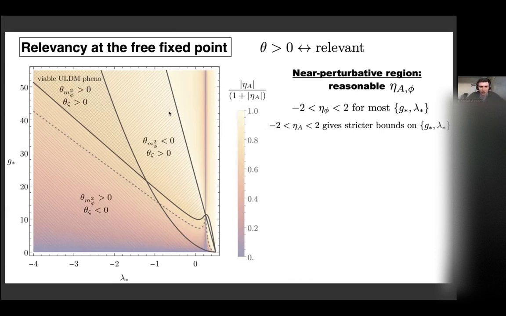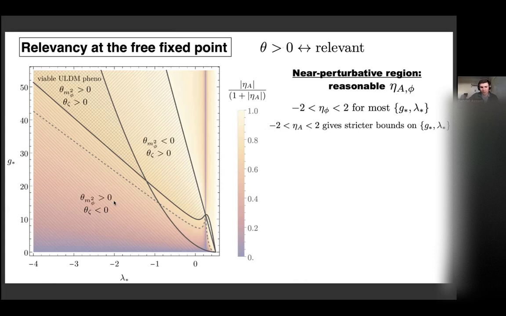Okay, so now you have a plot with many things on it. I will go step by step, but essentially the main point is that a positive critical exponent is relevant. There are essentially 3 regions in this plot, which has as x-axis and y-axis values for the gravitational fixed point or potential fixed points of the gravity sector, which are kept as free parameters.